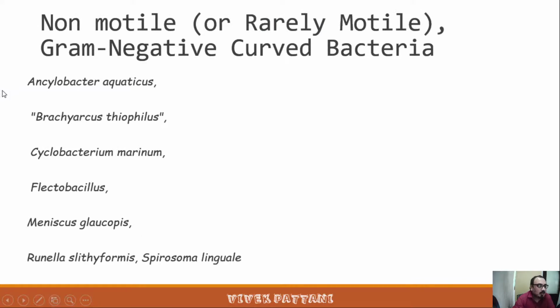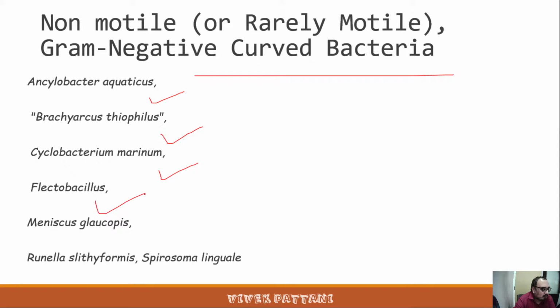Now moving to the next group, which includes non-motile or rarely motile gram-negative curved bacteria. The first example is Ancylobacter aquaticus. Next one is Brachyarcus thiophilus. Next is Cyclobacterium marinum.